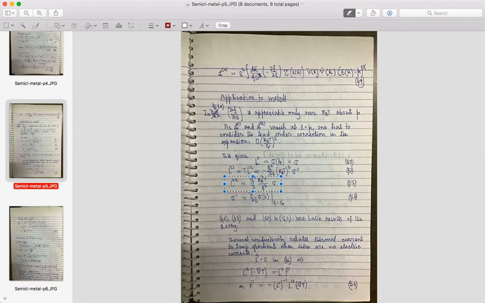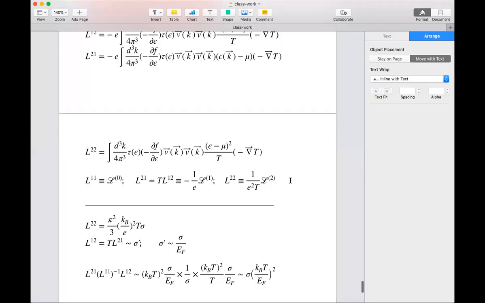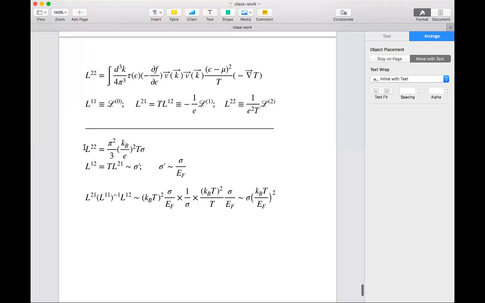So if you work this out, L22 is proportional to sigma, L12, L21 is proportional to sigma primed, and the argument now is that sigma primed goes as sigma over epsilon F. It's not bigger than that.